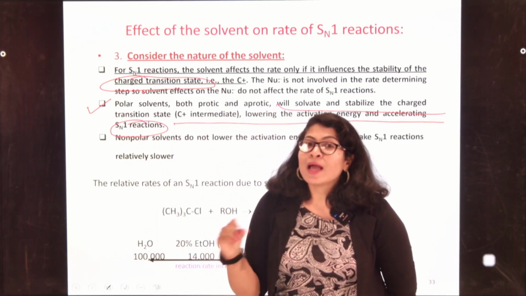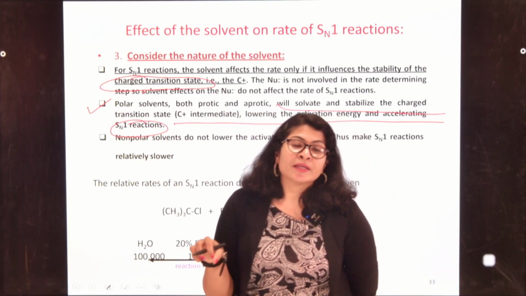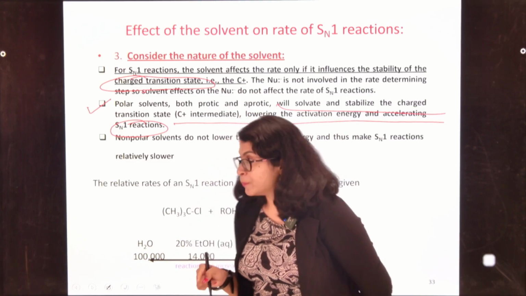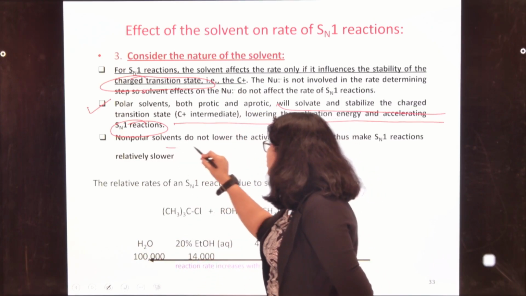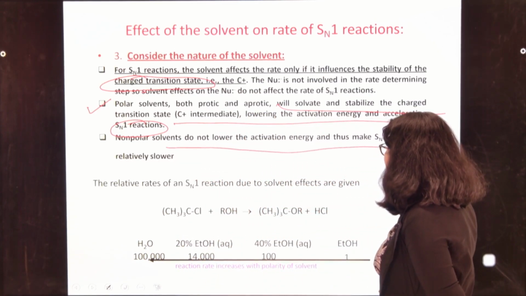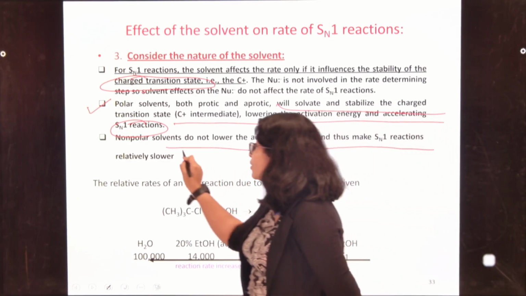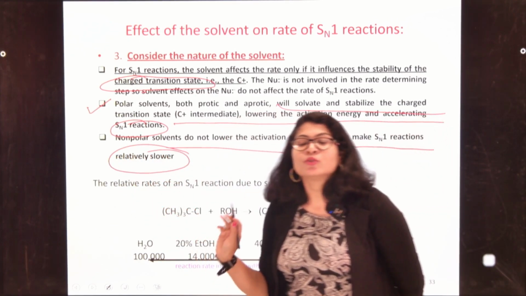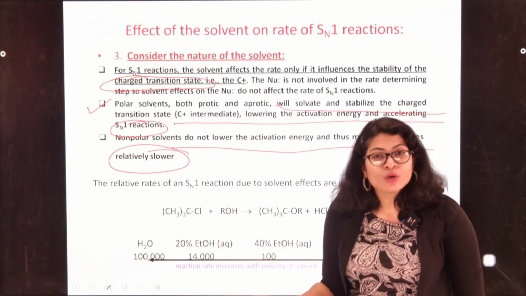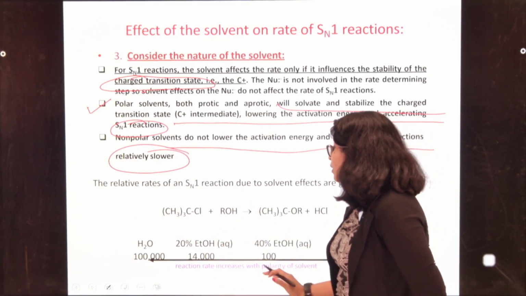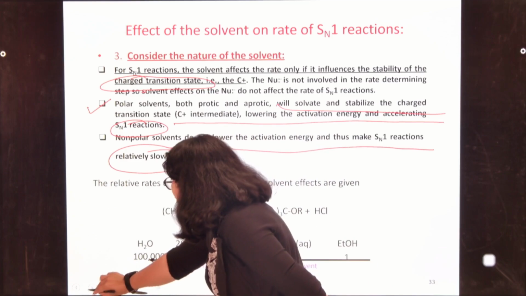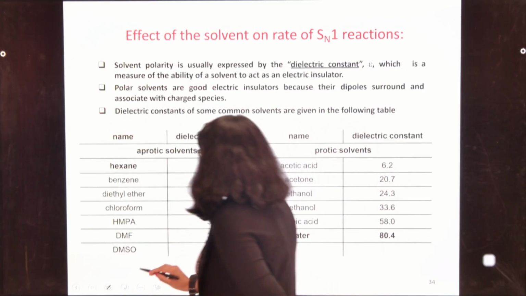The solvent has to be polar in order to stabilize the resulting carbocation. Therefore, non-polar solvents do not lower the activation energy, and thus the SN1 reaction is generally slower. So these reactions proceed in polar solvents over non-polar solvents. This is the general reactivity in different solvents.